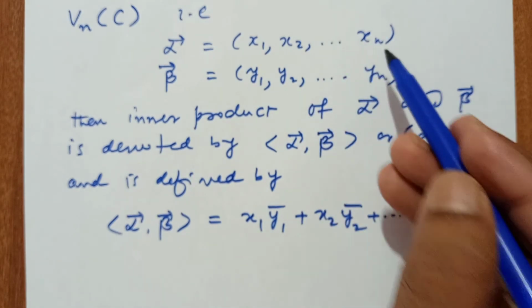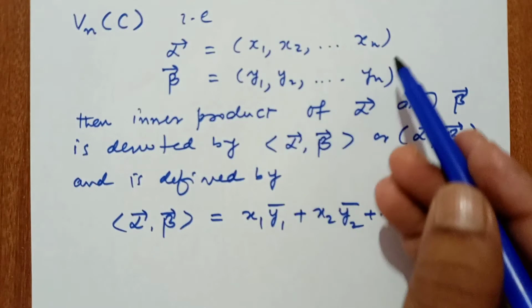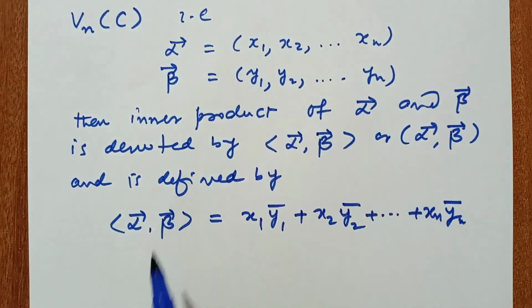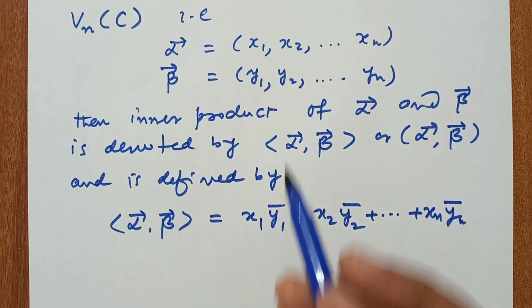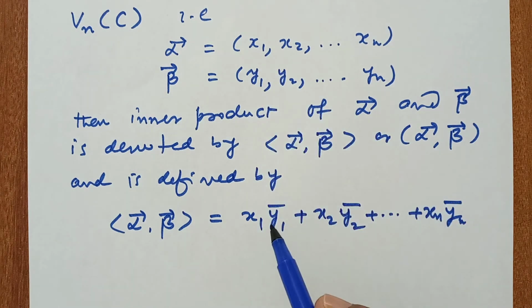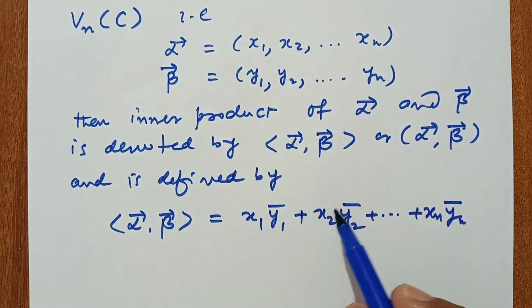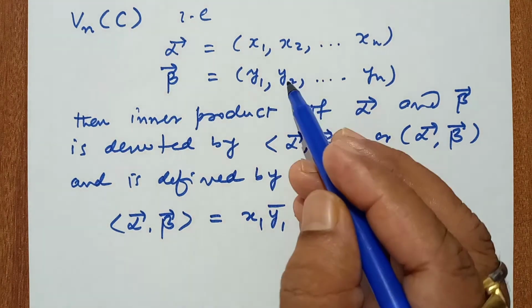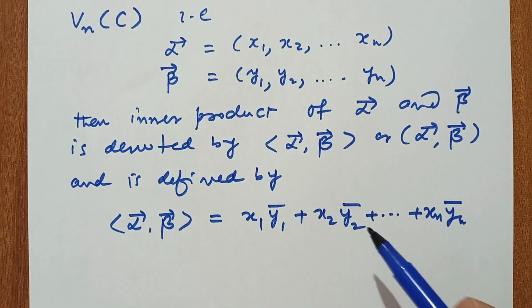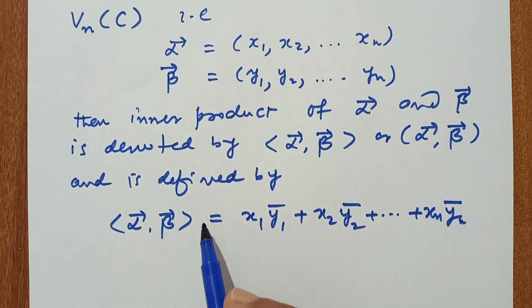But here, since we have studied the complex plane, the inner product of alpha and beta equals x1 y1 bar, where y1 bar means the conjugate of y1, y2 bar means the conjugate of y2, and similarly yn bar means the conjugate of yn. So this is the inner product of alpha and beta, and this is a scalar quantity.